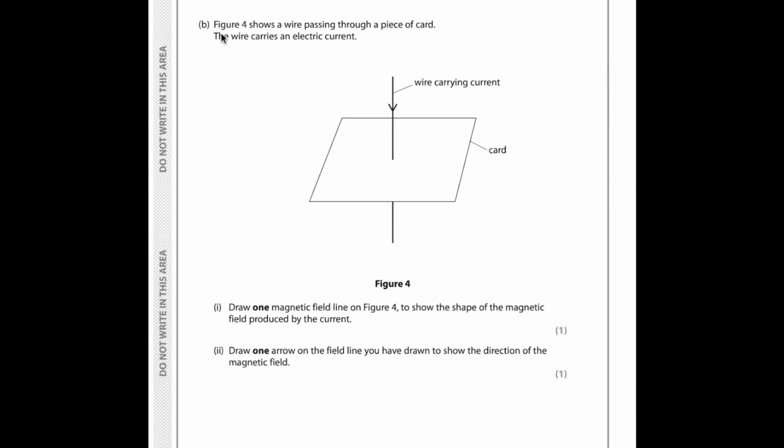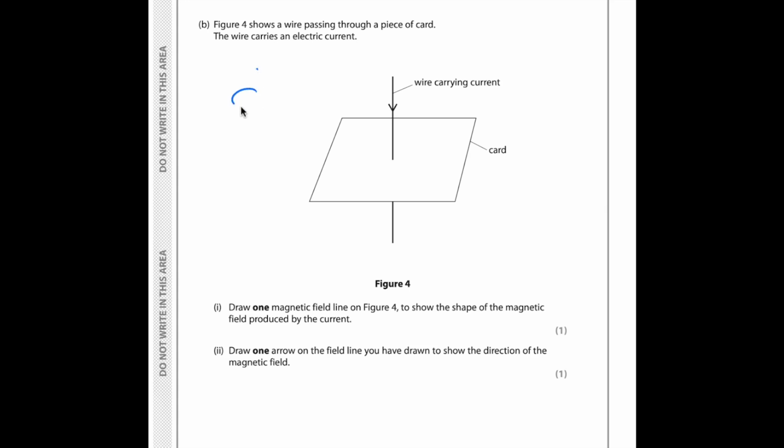Part B. Figure 4 shows a wire passing through a piece of card. The wire carries an electric current. Draw one magnetic field line on figure 4 to show the shape of the magnetic field produced by the current. Right, what you're looking for is the right hand grip rule.